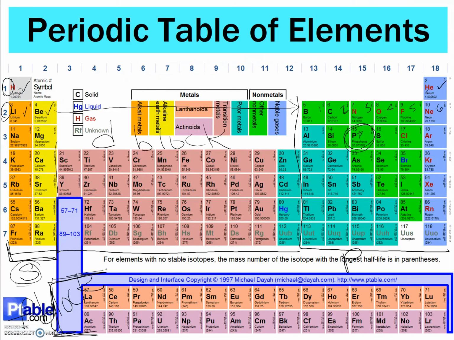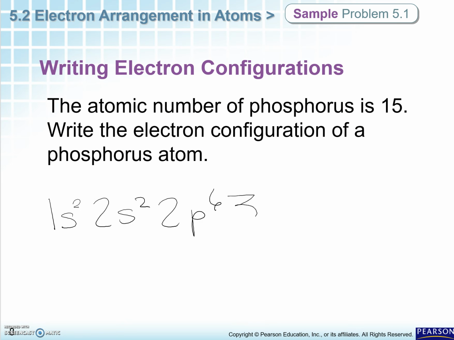Now going back down to our next row, we're going to go into the next S block, which is 3s. We still have not yet made it to our wonderful phosphorus over there, so we're going to check these 2 off, saying that our 3s orbital is full, and we would write that as the energy level of 3, s, because that's the shape, and again, it is full of 2 electrons.